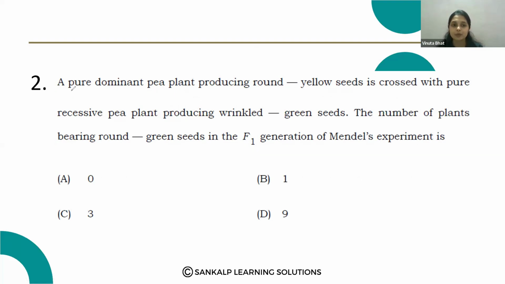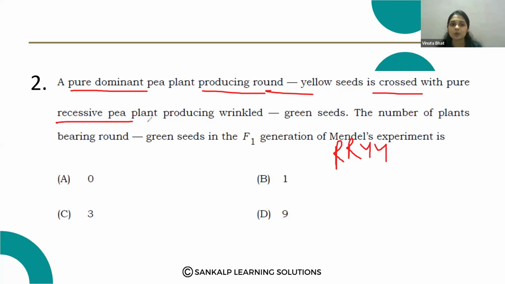Yes, here a pure breeding dominant pea plant producing round yellow seeds is crossed with capital R capital R capital Y capital Y. Okay, pure breeding round yellow seeds crossed with pure recessive pea plant, that is small r small r small y small y. Okay, wrinkled green seeds. The number of plants bearing round green seeds in the F1 generation.